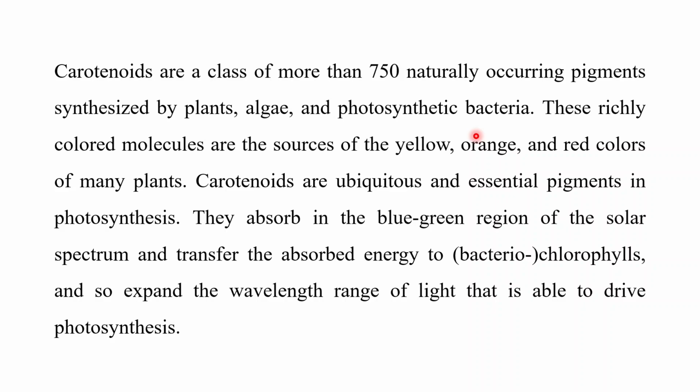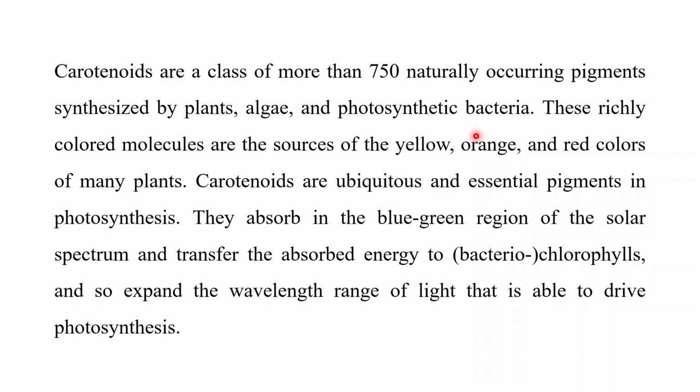These richly colored molecules are the source of the yellow, orange, and red colors of many plants. You must have seen plants and succulents with red colored leaves. That red color comes from the pigment carotenoids.